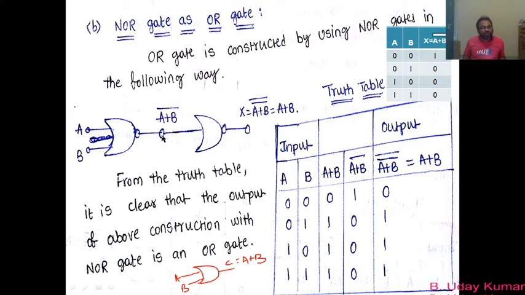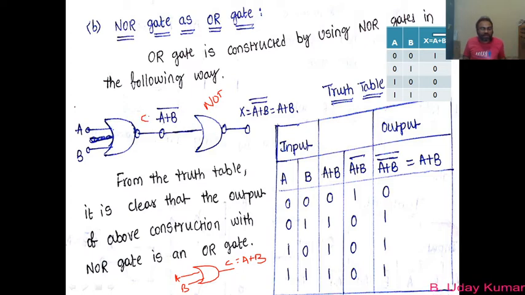But this output, which is A plus B bar, is given to the input of the second NOR gate. If I do so, what happens? This NOR gate acts like a NOT gate now. It acts like a NOT gate because it has one input and one output. In our previous slide, we tried to understand it.